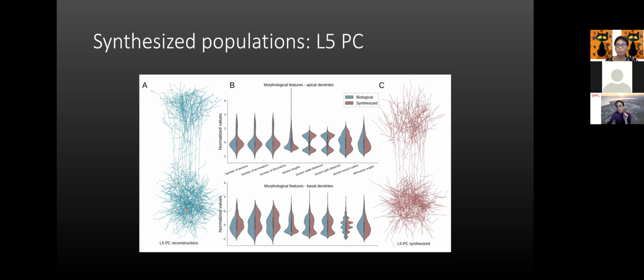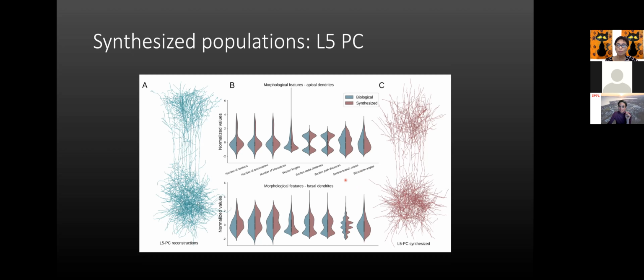And then here are a number of these different morphometric values one is interested in computing: section radial distances, path distances, and so on. And then here we have these violin plots, meaning that what we're looking at for the synthesized neurons in red and the biological neurons in blue are the distributions of values. So we'll see that their distributions match very nicely for the two populations. So it seems to do a good job.